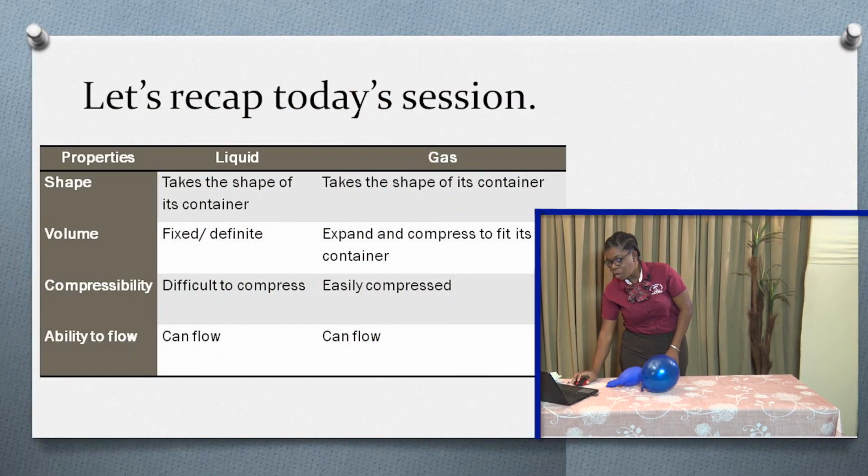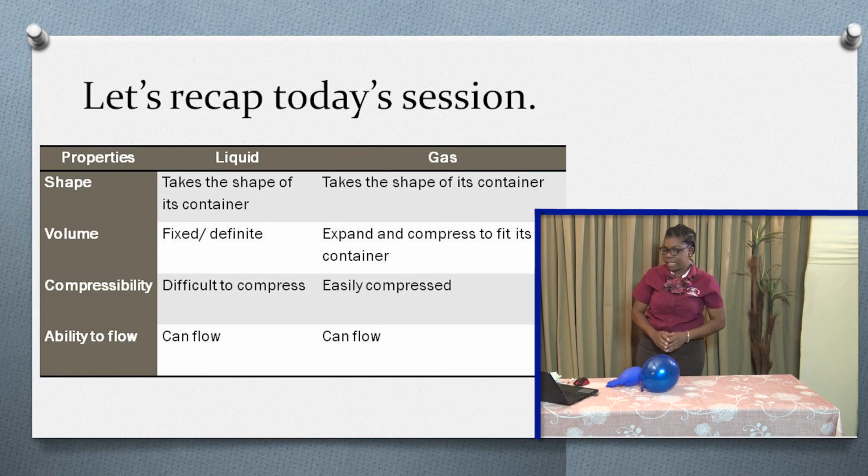So, altogether, we learned that for liquids and gases, the volume is fixed for liquids, but not for gases. The shape, not fixed for gases and liquids. Ability to be compressed. Gases can be compressed, but not liquids.